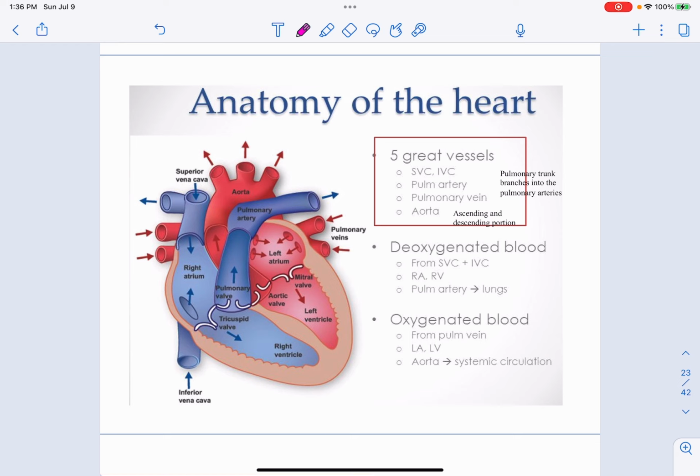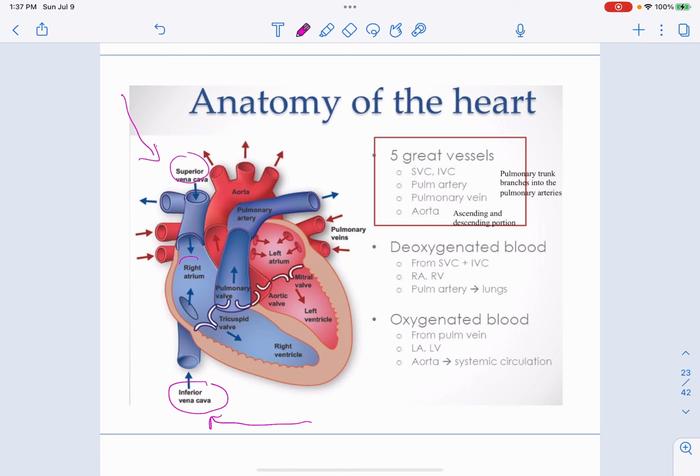All right, so let's talk a little bit more about how blood is flowing. As I mentioned, you have the inferior and superior vena cava. Blood is draining from the head, neck, and shoulder area. It's already been used, and it has to go back to the heart. The lower body is going to drain into the inferior vena cava.